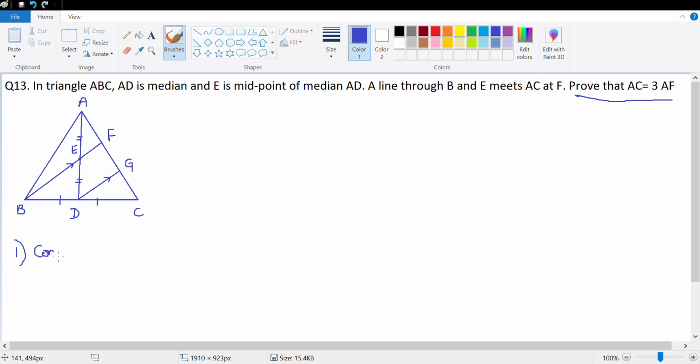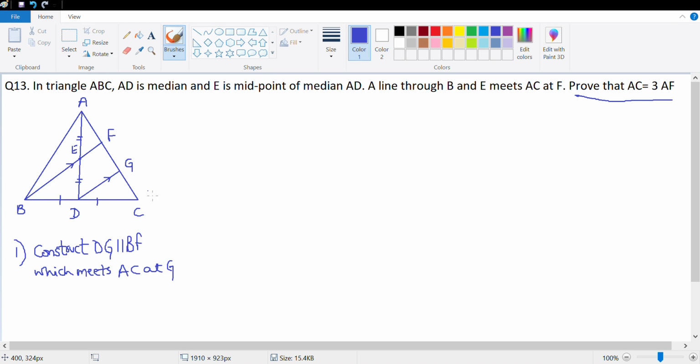So construct DG parallel to BF, which meets AC at G. This is our first construction that we've done.